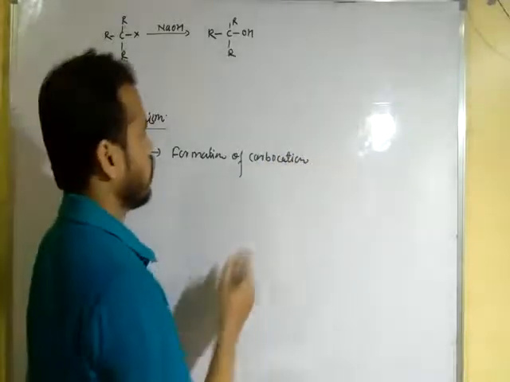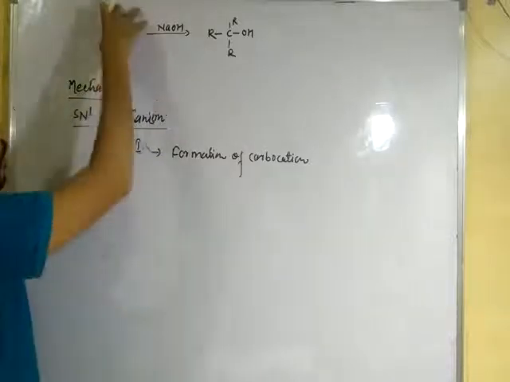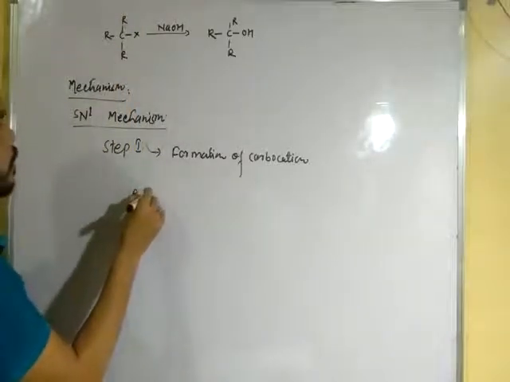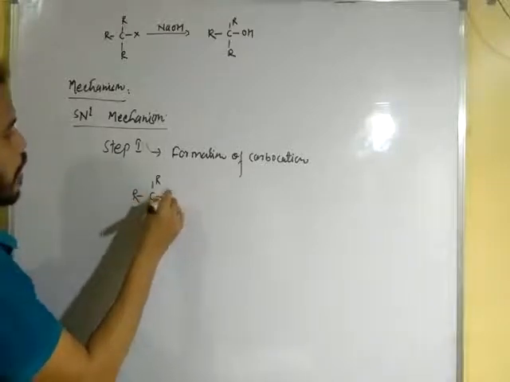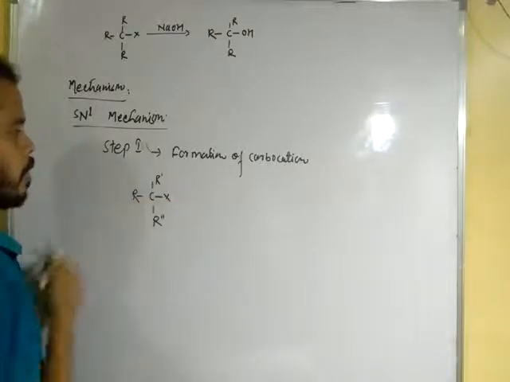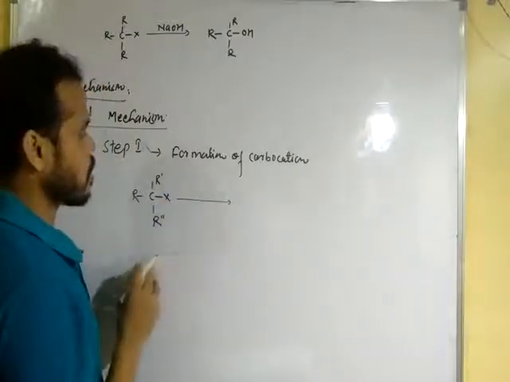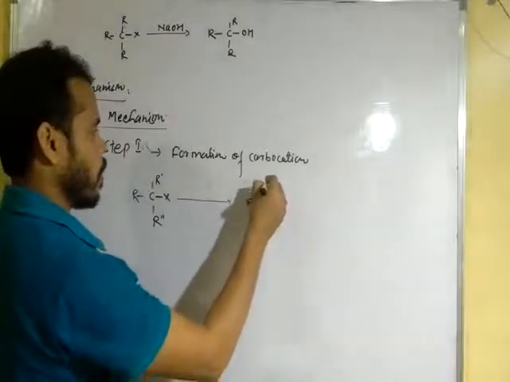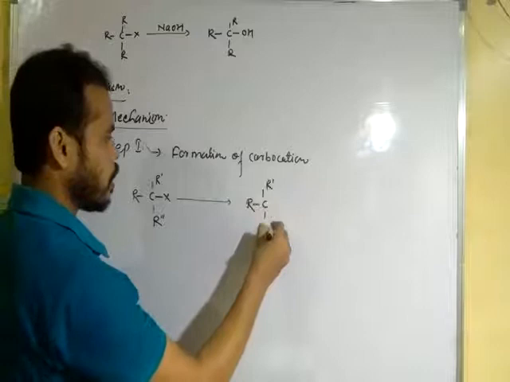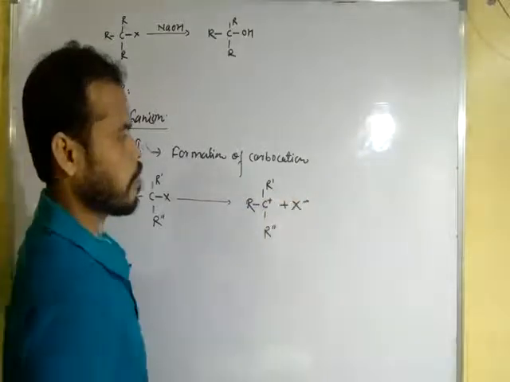Now let us see here. In the alkyl halide written here, RR'R''CX, polarization and ionization take place to form R, C, R', R'' positive and X negative.